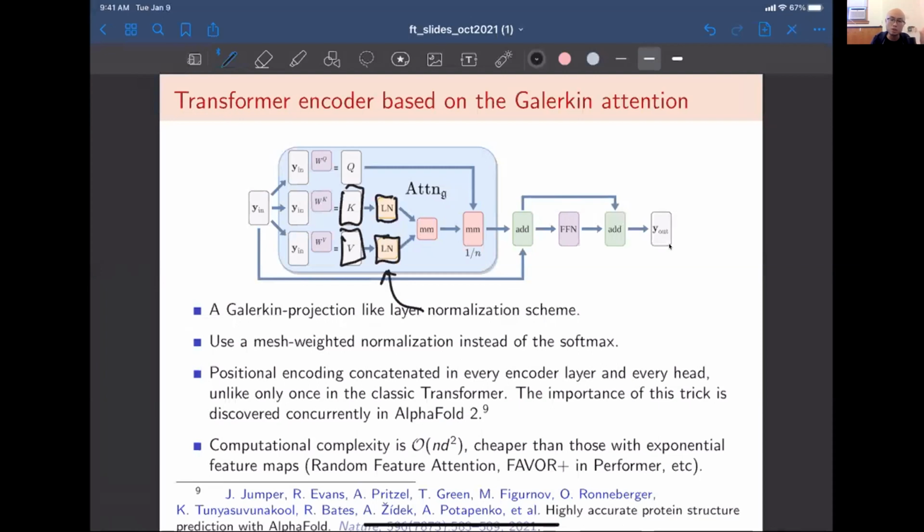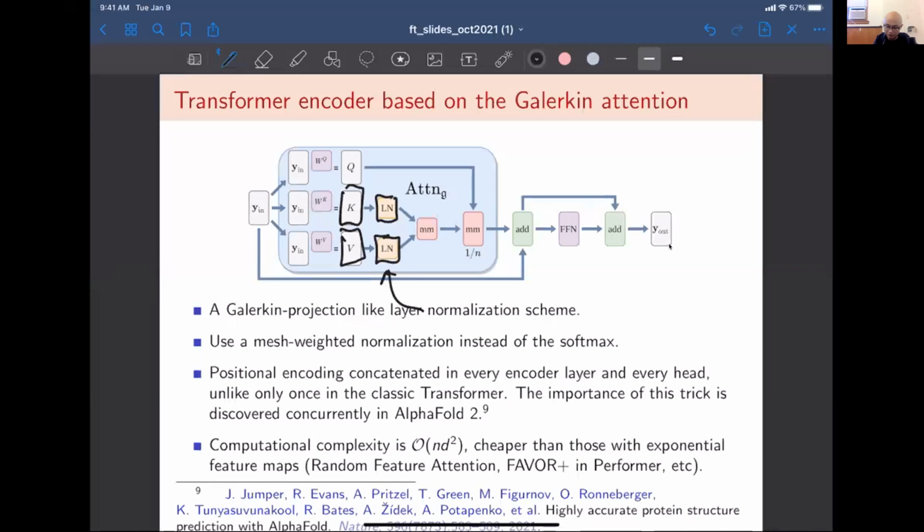The other trick we use is based on the universal approximator, where the function we want to approximate is a function of the positional encoding. So maybe we should enrich this positional encoding in every layer. It turns out Google DeepMind discovered this concurrently in their July AlphaFold 2 paper. In the invariant pointer attention, the 3D coordinates, the reference frame, is enriched in the attention layer, in every layer.